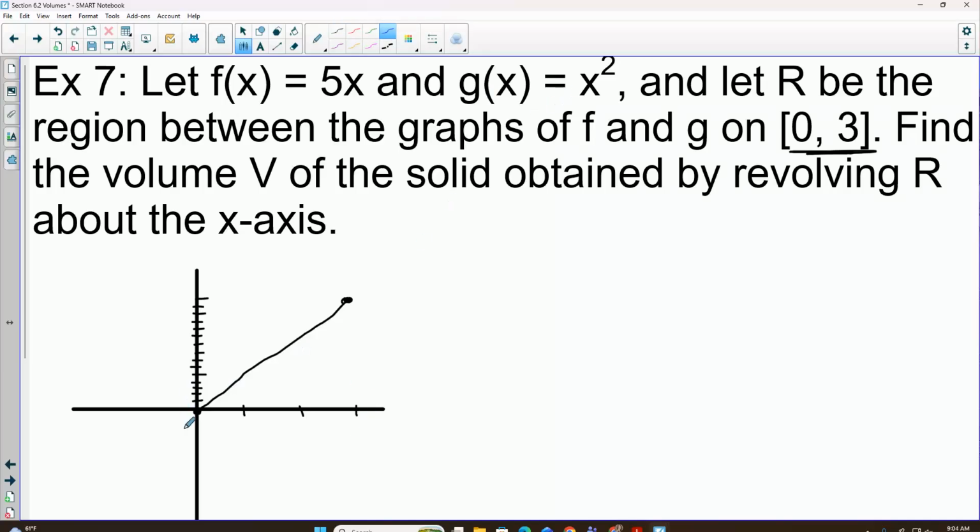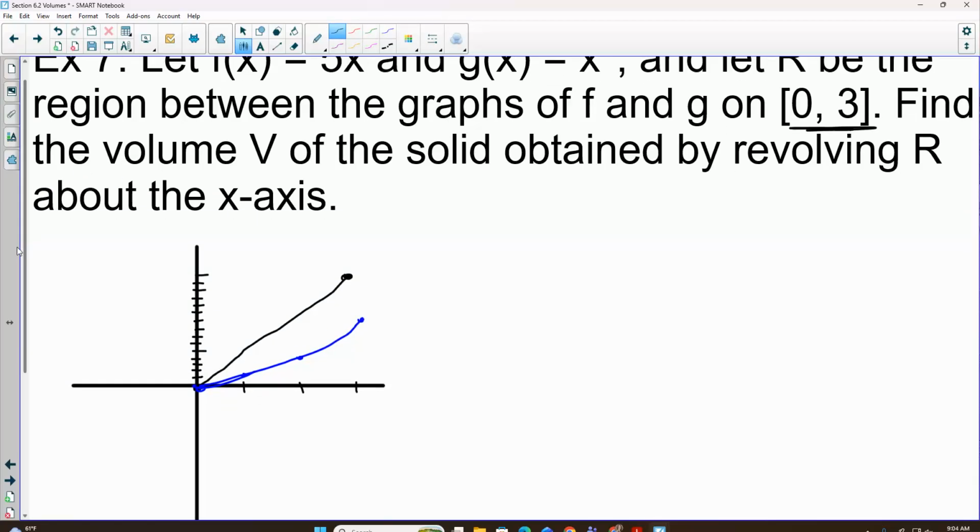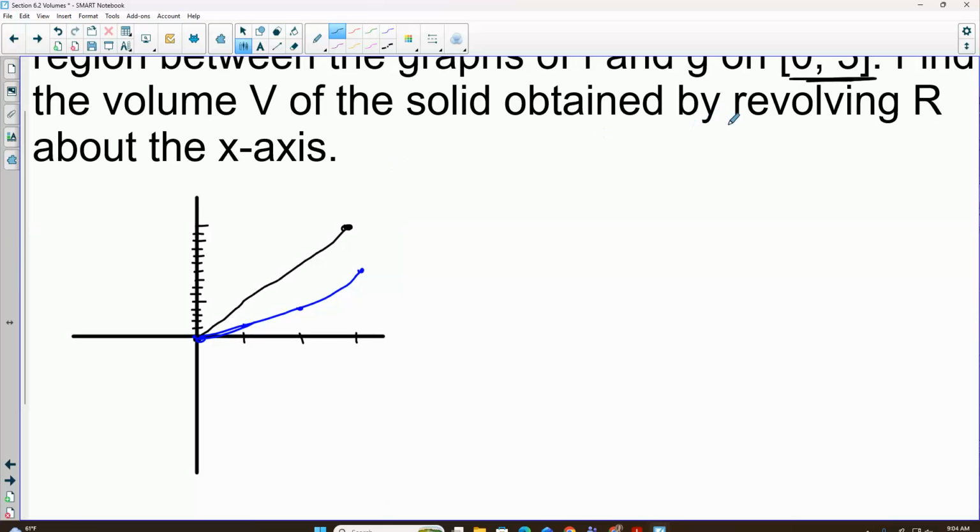Okay, x squared, 0 squared is 0. 1, 1, 2, 4. 3, 9. So we're getting part of a parabola there. All right. We want to take the region between those and revolve it around the x-axis.